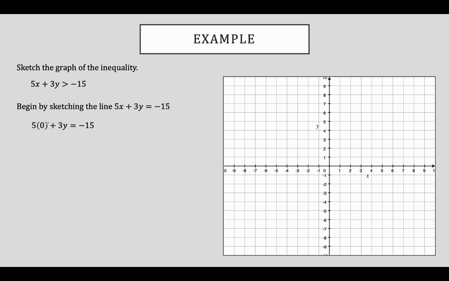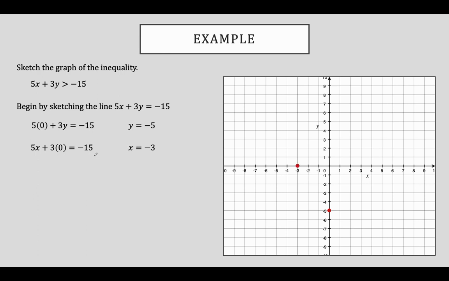Well, that makes this term equal 0. We have 3y is equal to -15, which means y is equal to -5. There is my y-intercept. And to find the x-intercept, all I have to do is plug in 0 for y. That gives me 5x is equal to -15, meaning that x is equal to -3.